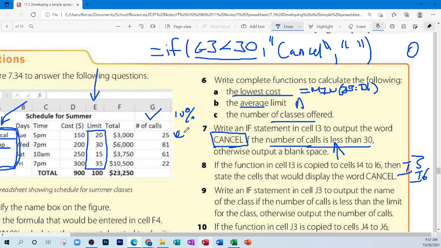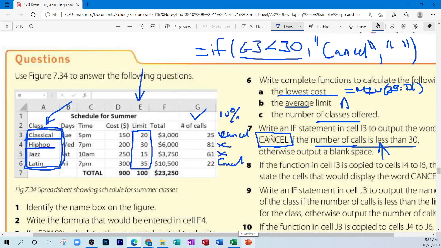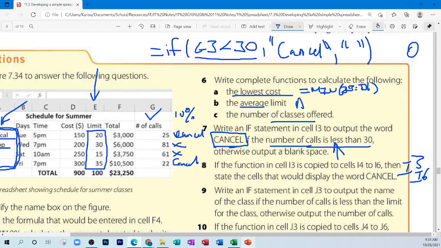Yes. So you're going to see the word cancel. 81? No. 61? No. 22? Yes. So you're going to see the word cancel because they are less than 30. So that's I3 and I6. So that's correct there.